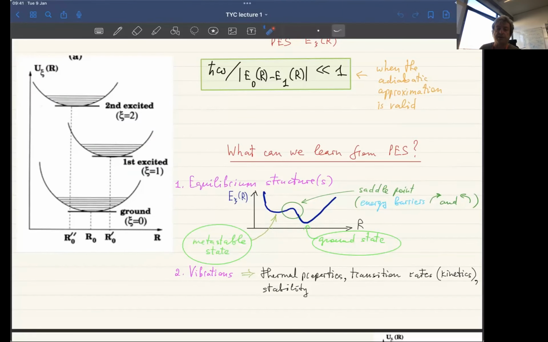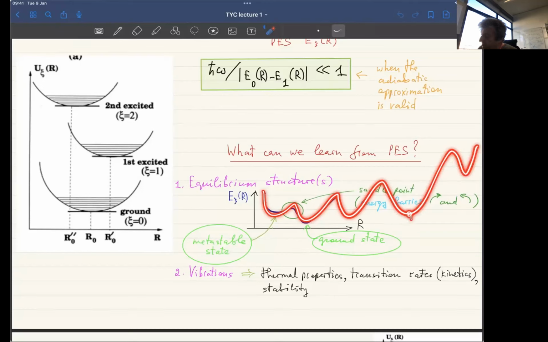So you can basically map out the whole potential energy surface, how the total energy of the system depends on the positions of the nuclei. So what can we learn from this information alone? First of all, we can plot it. Of course, I can't do this for a multi-dimensional potential energy surface, but for example, if I have a single degree of freedom, R, my energy would be something like that.